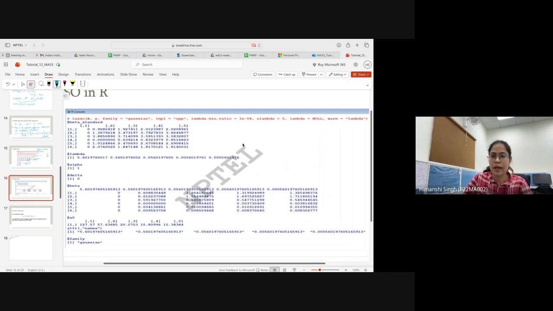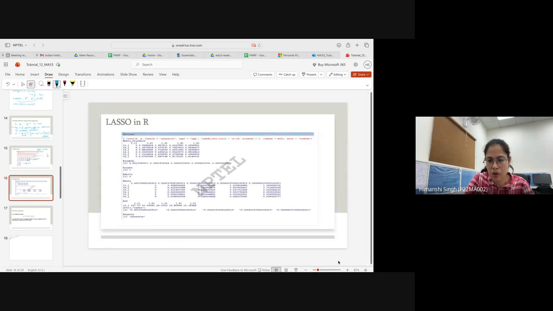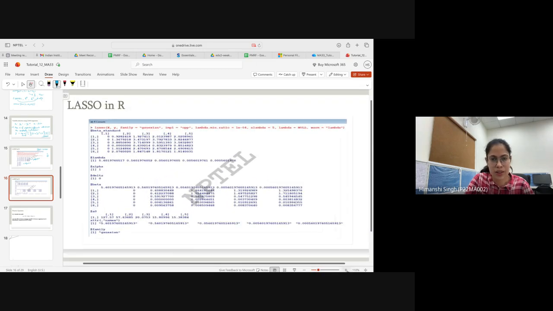And lambda equals NULL means it will take the values of lambda by itself, because you are not giving a value. If you want to give a value, then you just give a particular value of lambda here. Okay, so this is the code for it.